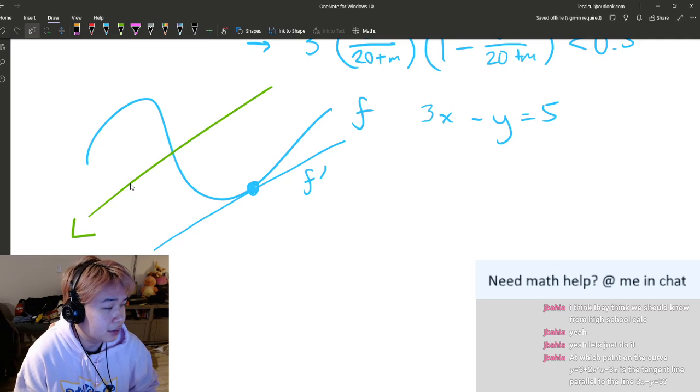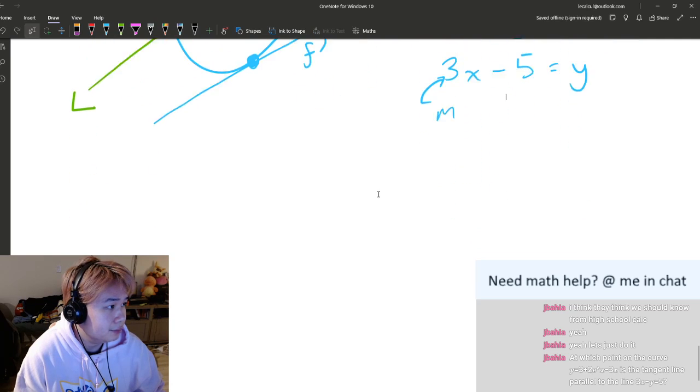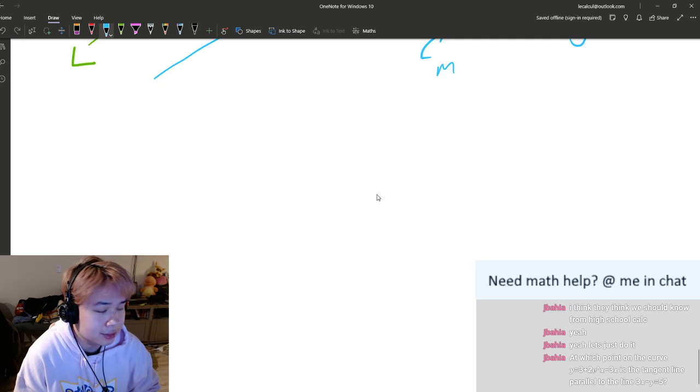So, you know, if you just switch the x and y's, this is slope-intercept form, right? So the slope of the line is 3, which means that when we take the derivative of our function, we need to make it equal to 3.